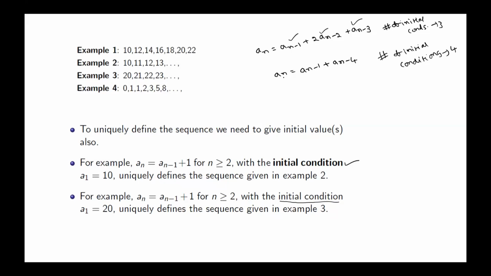It is the gap between a_n and the smallest term which is present here. The smallest term is a_(n-4). The gap is 4. So that means 4 initial conditions should be given. Is that okay? Is that clear? Okay.